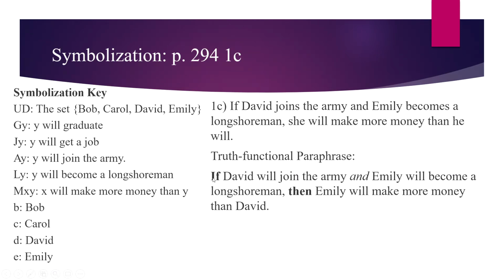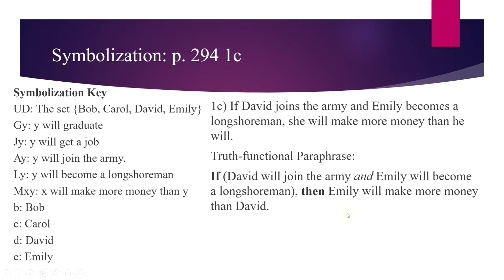So again, here we identify our main connective. It's that material conditional, if then. And we have another truth functional connective in the antecedent, right? So we need to add in these parentheses. So we have David will join the army and Emily will become a longshoreman in parentheses as our antecedent.